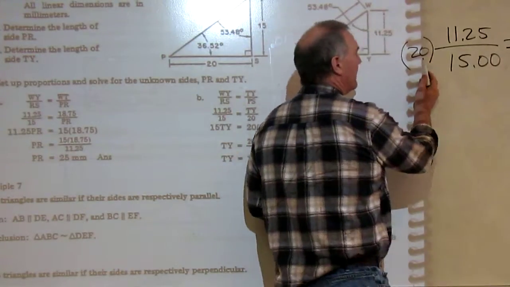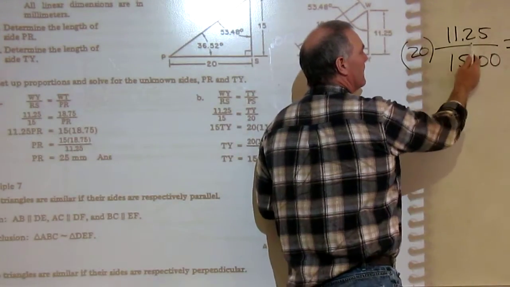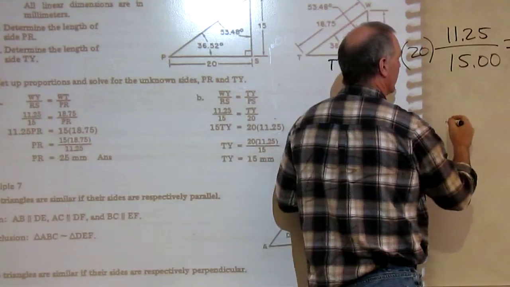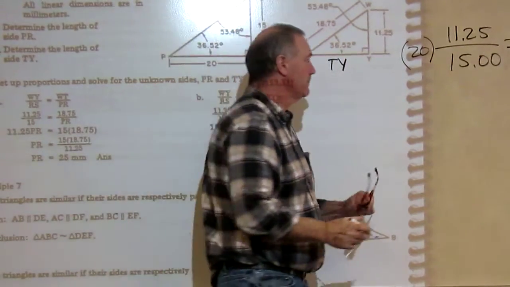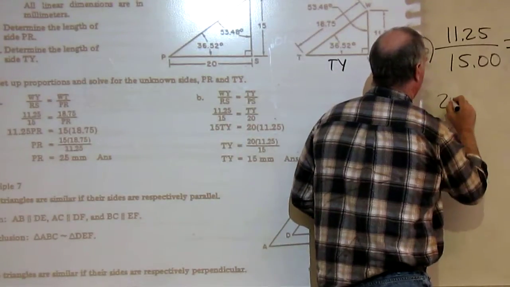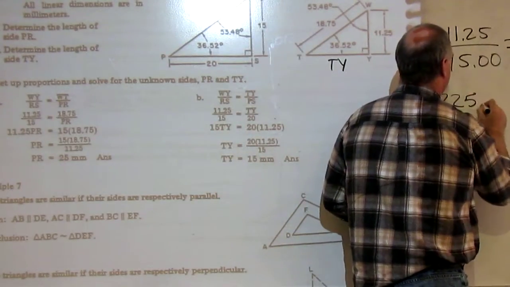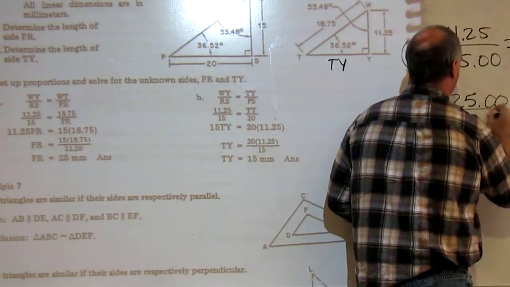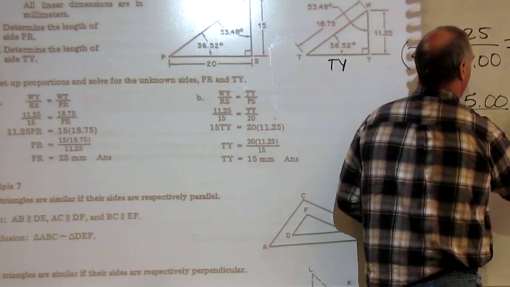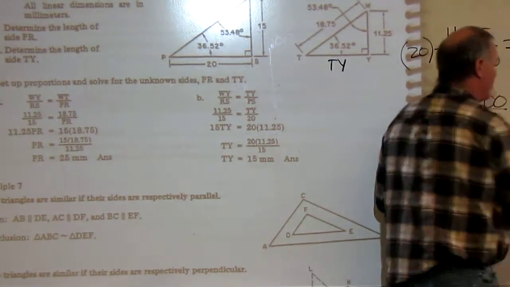Over here, I'm going to take 20 times 11 1/4. What does that equal? Can somebody punch that number, please? 225. And that's right on, because of the quarter. Can somebody confirm that number, please?